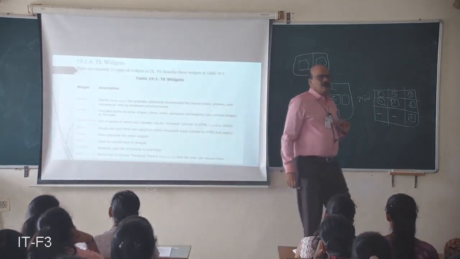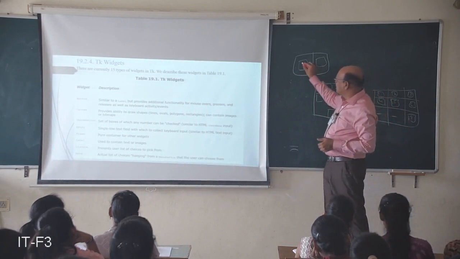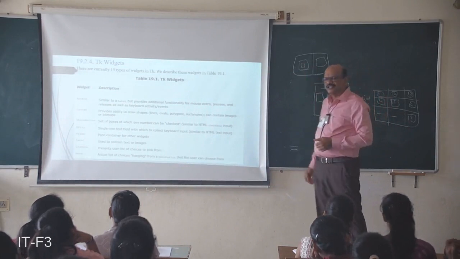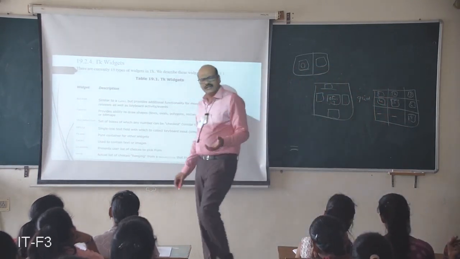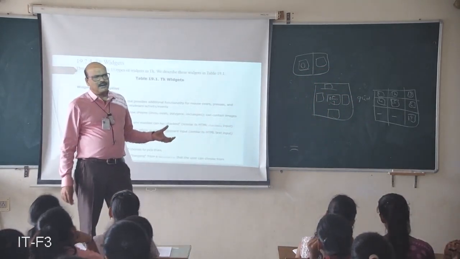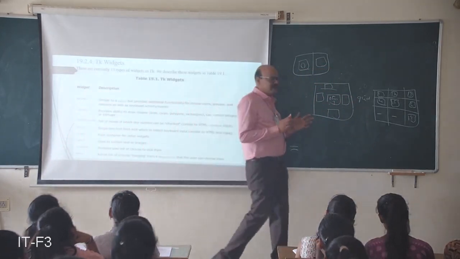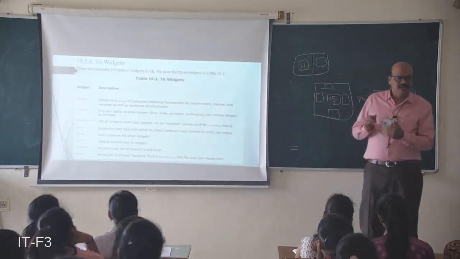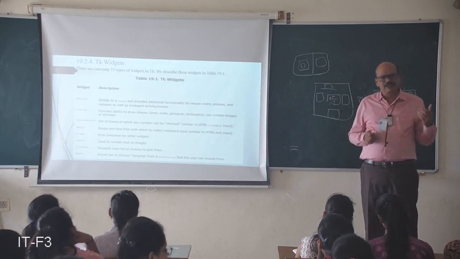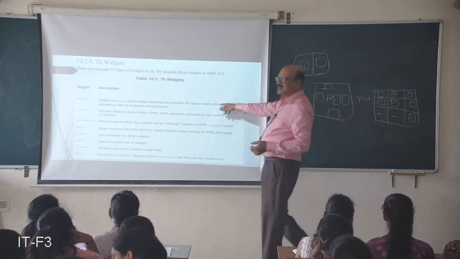Say maybe you can ask the user to enter one geometrical shape. Suppose I enter circle, so you can display, okay, you have entered a circle, you have entered a square, or you have entered a rectangle, something like that. So when you want to accept some geometrical shapes or some other text from the user, which is handwritten, you can use this canvas.